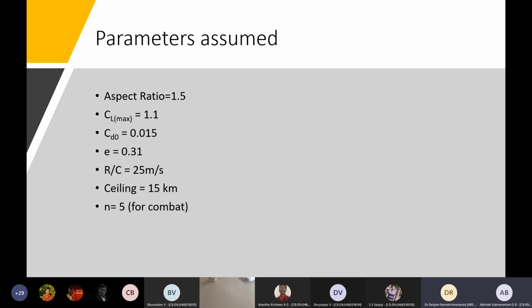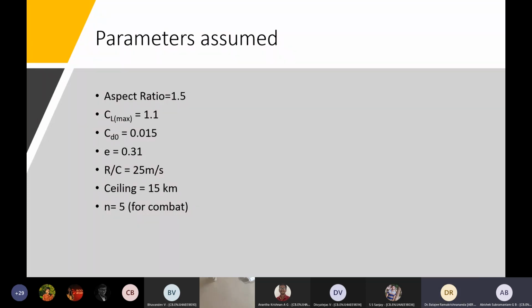We took it from a reference aircraft. Because I think it should be at least 0.8, if I'm not wrong. It is at supersonic, sir. Supersonic. Okay. Yeah.